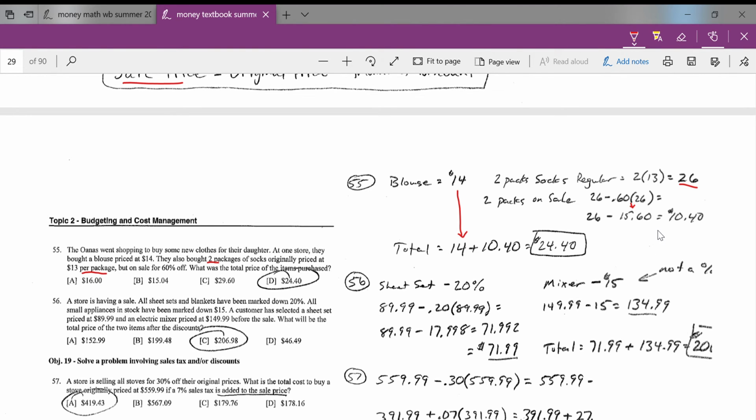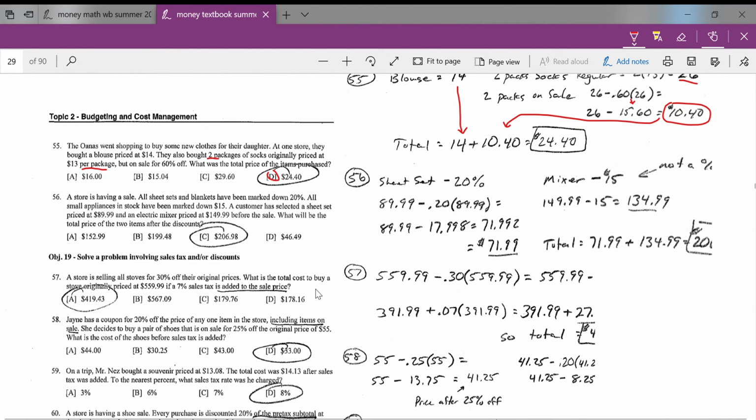Okay, which makes sense. It should be more than half because 60% is more than half. Take the regular price minus the discount. You get $10.40. So that's how much you're actually paying for the socks. So the blouse is regular price $14. Okay, the socks on sale are going to be $10.40. You add the two together, and you get your $24.40. Okay.